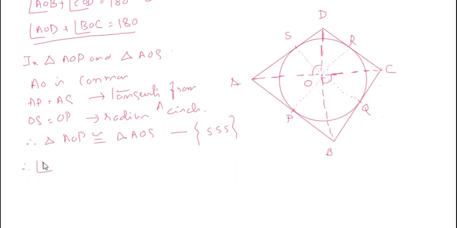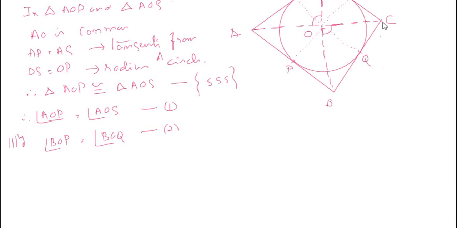Therefore, angle AOP equal to angle AOS. This is 1. Similarly, we can prove that angle BOP equal to angle BOQ, that is 2.